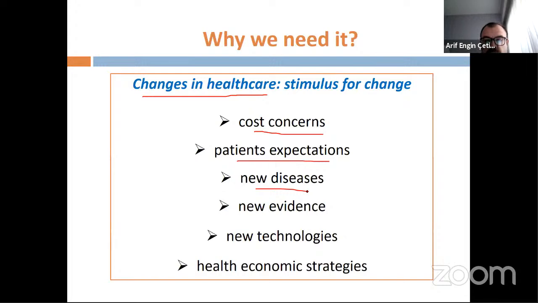And since these tests were antibody-based, what they did is they switched the SARS antibody with the COVID-19 antibody, and they released the test to the market. So they are easily modified, so they can easily be released for new diseases and new evidence.